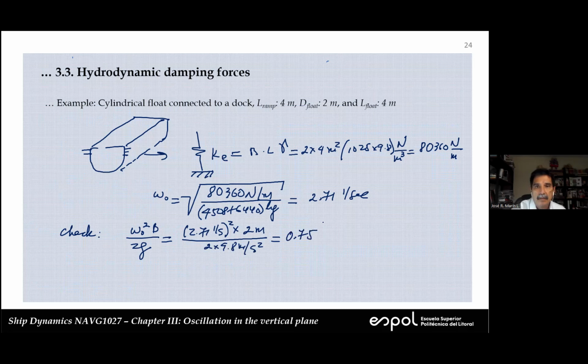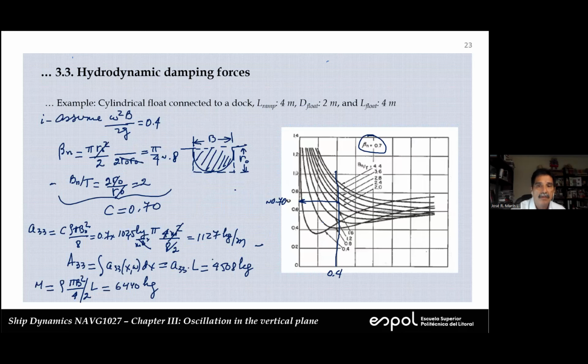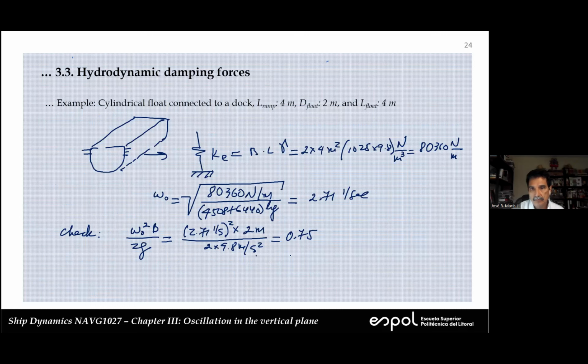Okay, if we go back, we assumed 0.4. So what we have to do is iterate. Usually one iteration is enough. So don't think that it is just too long.